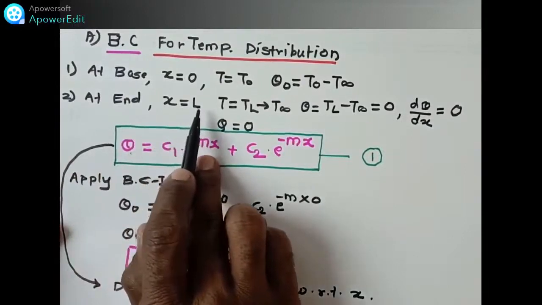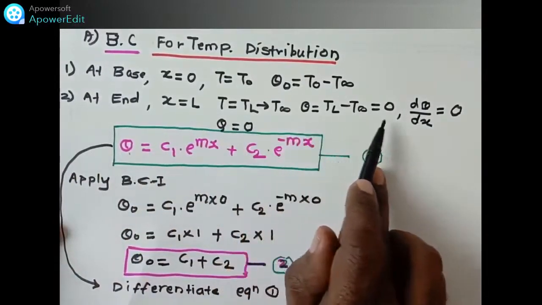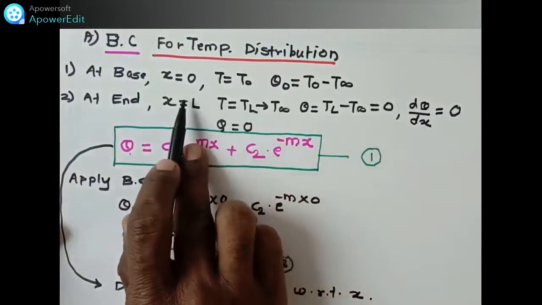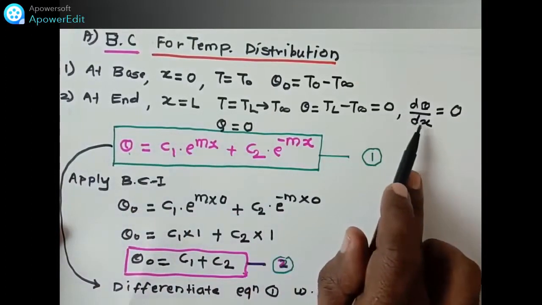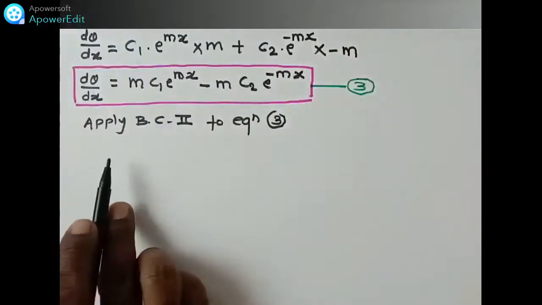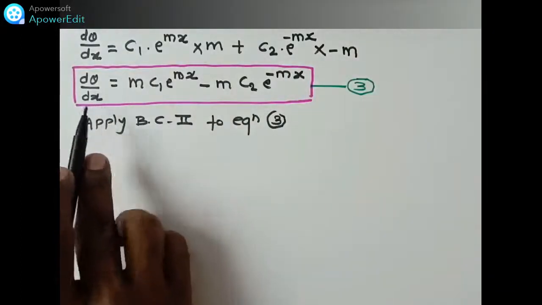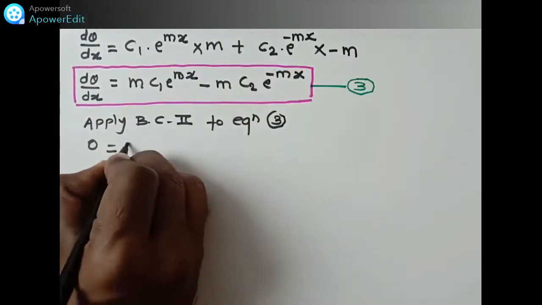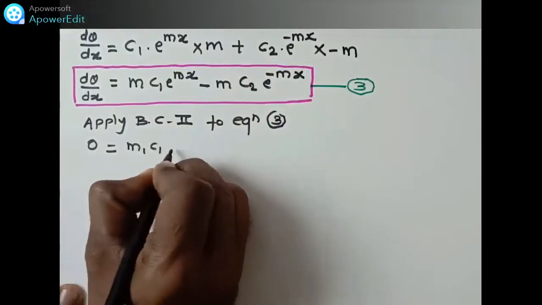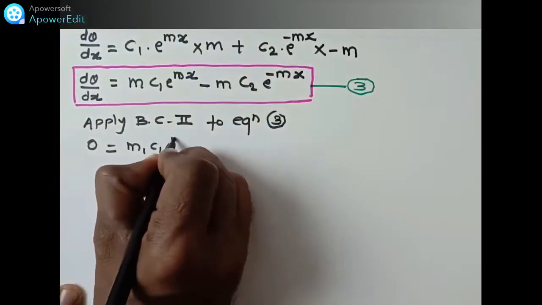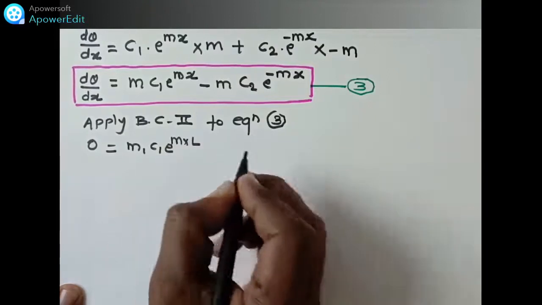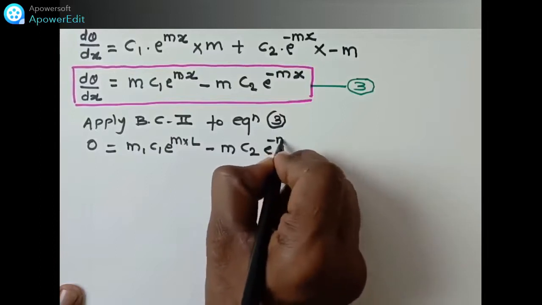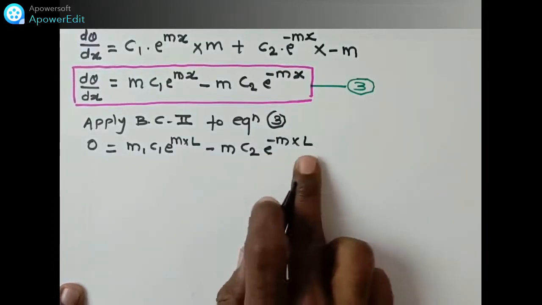At the end, x is equal to L, d theta by dx is 0. So d theta by dx is equal to 0 is equal to m C1 e raised to m into x is L, minus m C2 e raised to minus m into x is L.